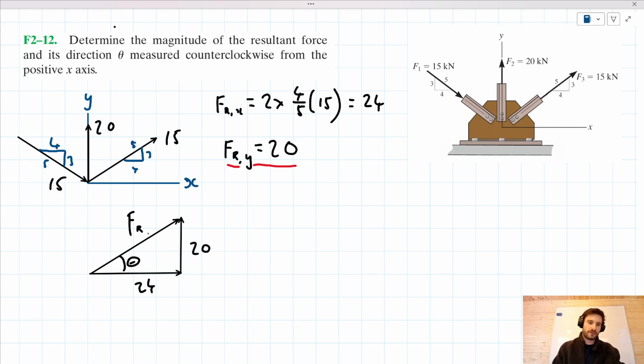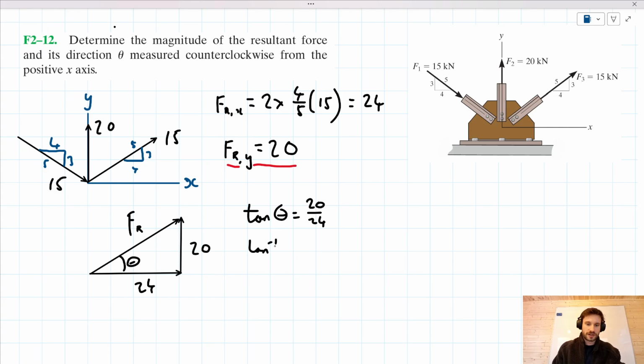Okay, how could we find, let's pick one, let's say theta? Well, we've been given the adjacent, we've been given the opposite, so we might as well use tan. So we can say that tan of theta is equal to opposite over adjacent, which in this case is 20 over 24.